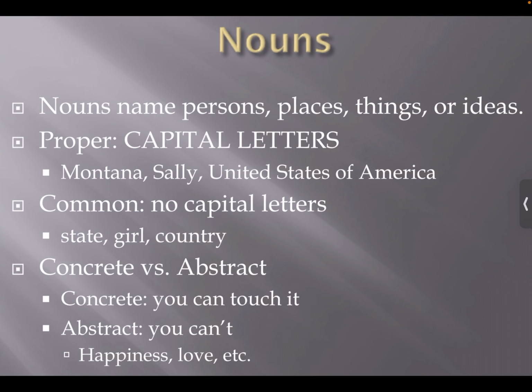As we know, a noun is a part of speech that names a person, place, thing, idea, action, or quality. And all nouns can be classified into two groups: the common noun and the proper noun. Like I said, nouns name persons, places, things, or ideas.